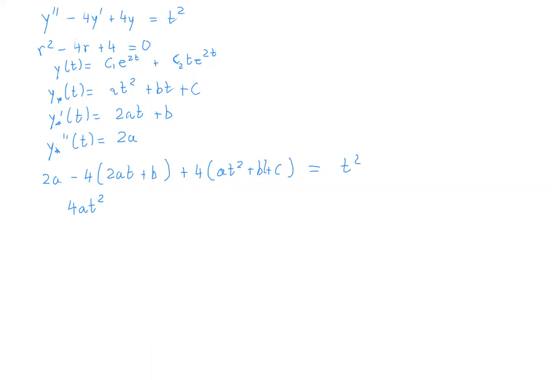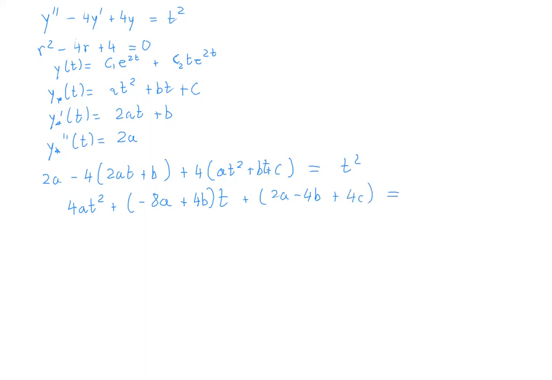Oh, oops, there is a t right here, right? Okay, and what are the t's? So we have a minus 8a from the first parenthesis, and 4b times t. And then the constants are what? They are 2a minus 4b plus 4c. And that should be equal to t squared.